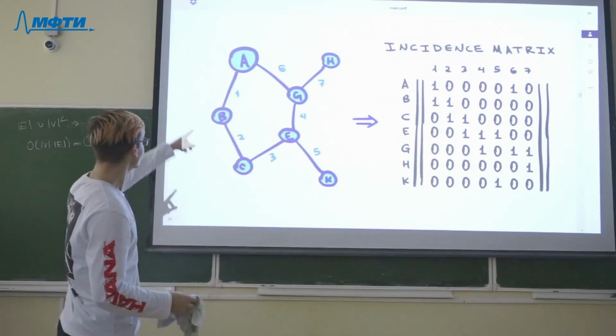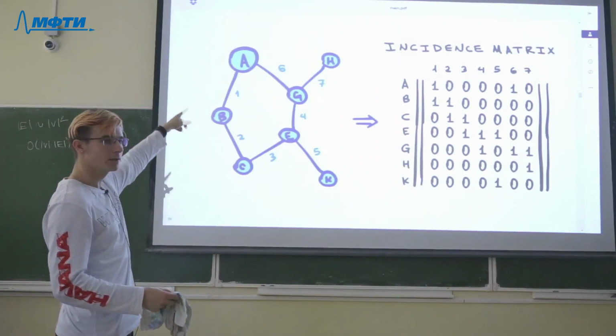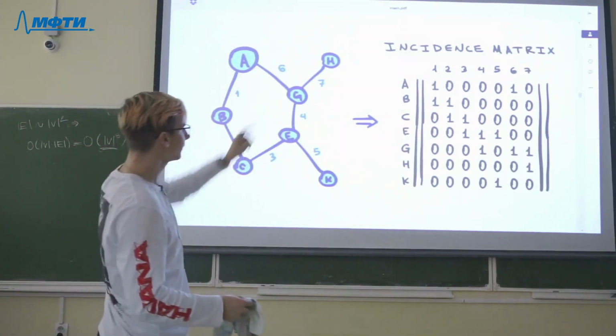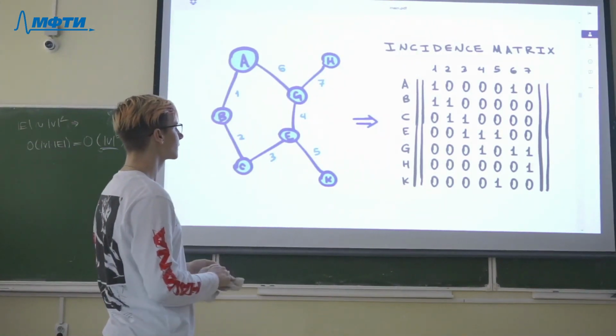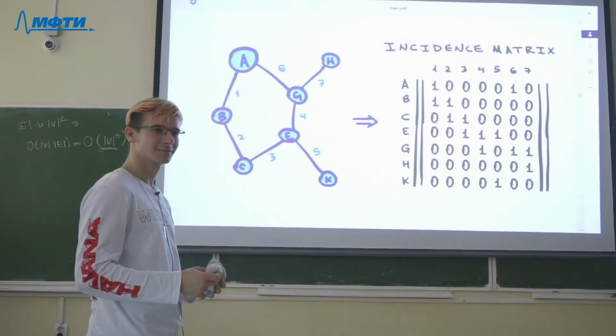For example, the first edge is incident to A and B, so we have 1 in the first and second rows. Yeah, understand?